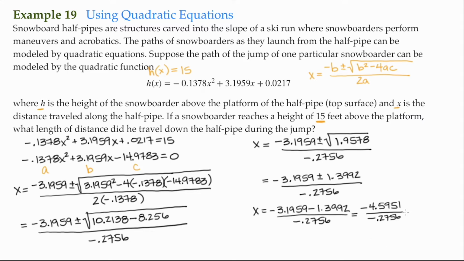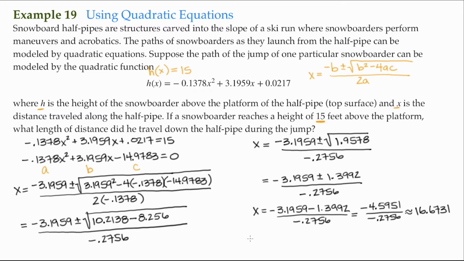And this is approximately equal to, and we use these squiggly equal signs, that means approximately equal to, it's not exactly equal to, approximately 16.6731 feet. So as the snowboarder shoots off the half pipe, by the time he reaches 15 feet in the air, he's already traveled 16 feet down the half pipe. That's what this is saying.